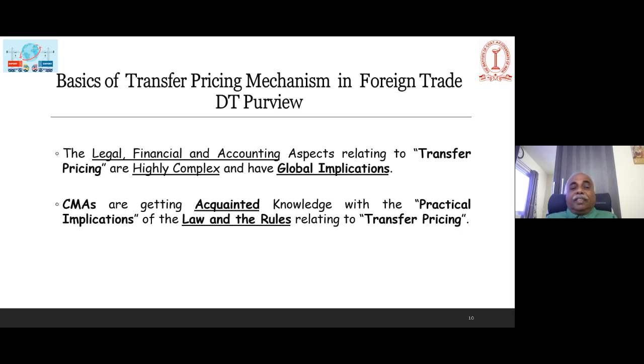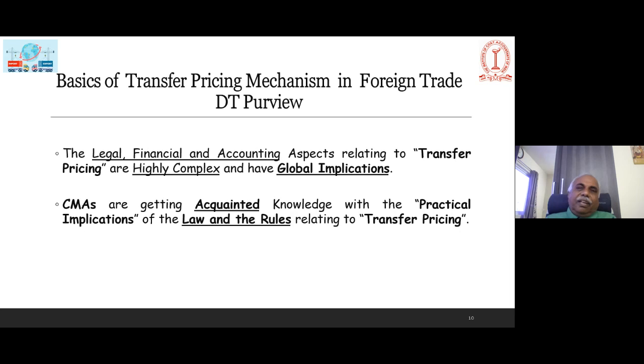Not only that one, the CMAs, the cost and management accountants, are getting acquainted with this knowledge. If you have this knowledge, good knowledge, the opportunities are also available. And the practical implications, how the companies use the transfer price mechanism, one parent company to subsidiary or associates located in other country, within the country and outside the country.